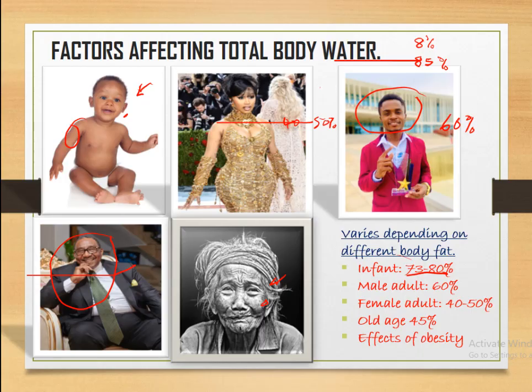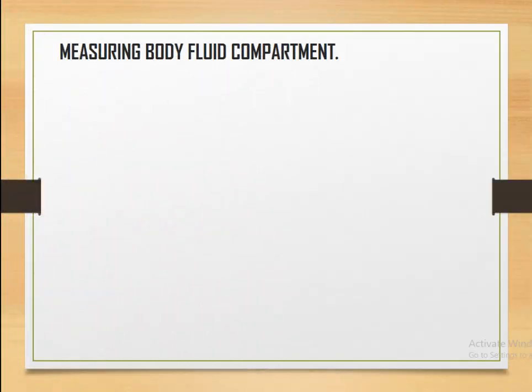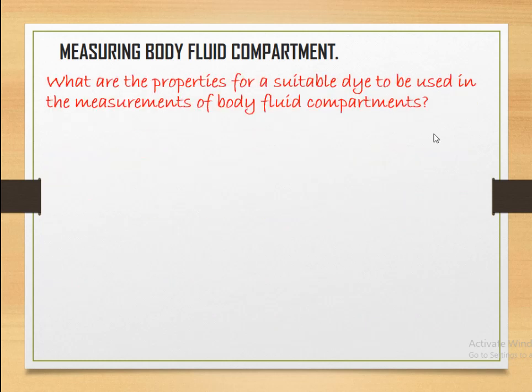So with that being said, how can we measure the body fluids? All these fluids we have talked about, what are the ways we can use to measure them? In most cases, we use dyes to measure these fluids. We don't just pick this dye, that dye, and then it works out.